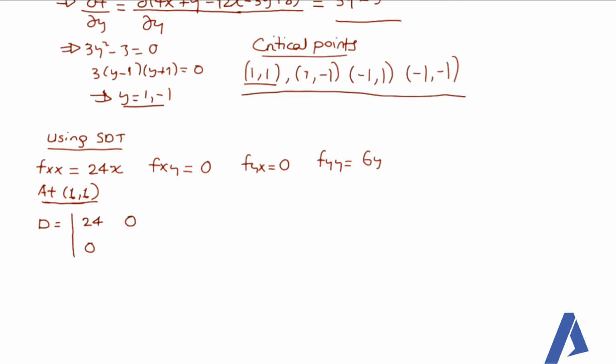This is 0, 0, and fyy is 6y, which is still 6. This determinant becomes 24 times 6 minus 0 times 0, which is 144, which is greater than 0. We know that fxx at the point 1, 1, which is 24, is also greater than 0, which implies that there's a relative minimum point at 1, 1.